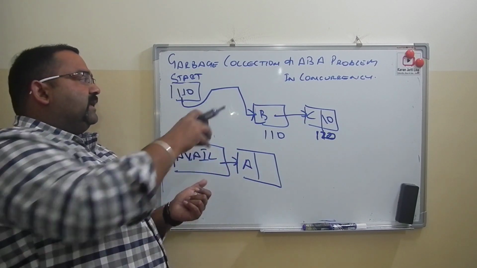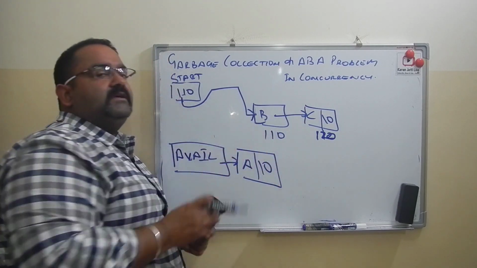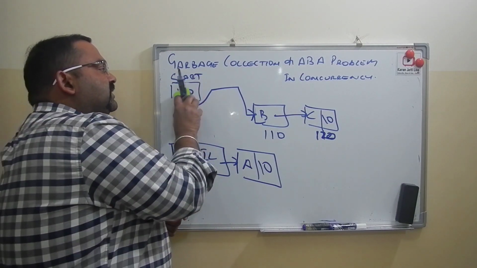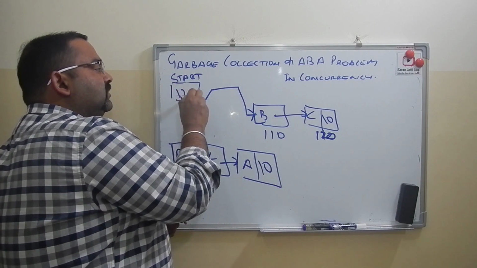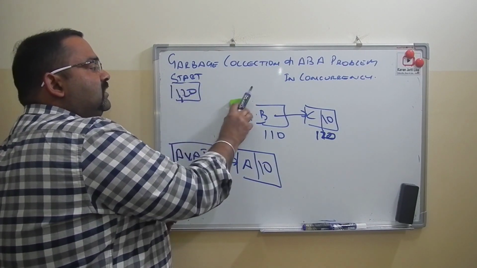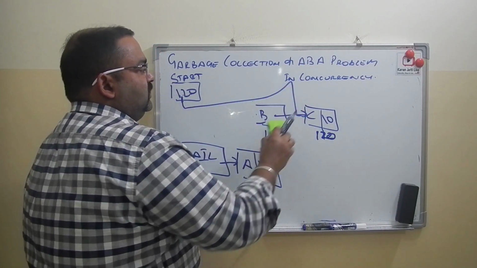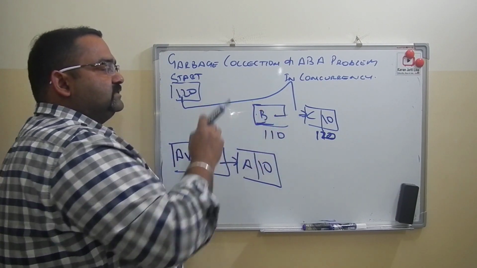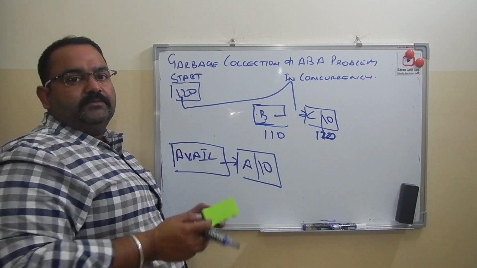Now suppose in this list node B also gets deleted. How do we delete it? We change the starting address from 110 to 120, so start will point to 120. Then again we bring node B to the available list.